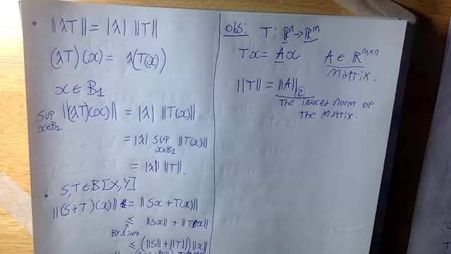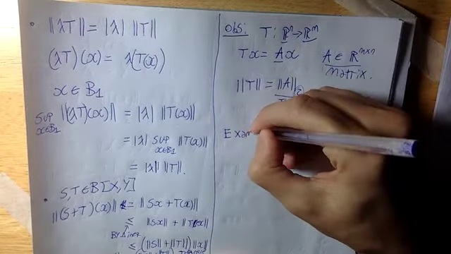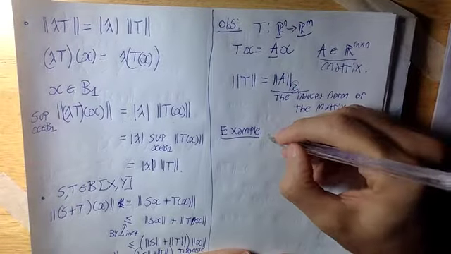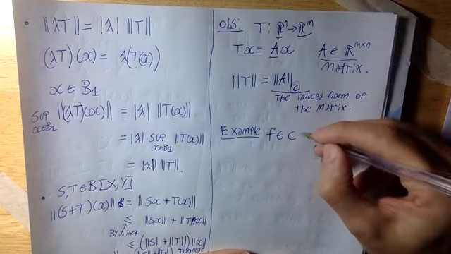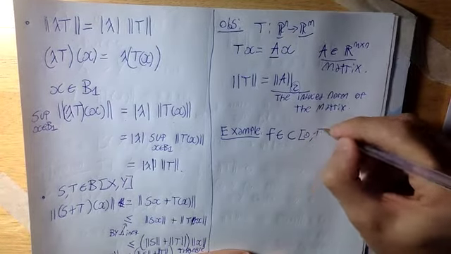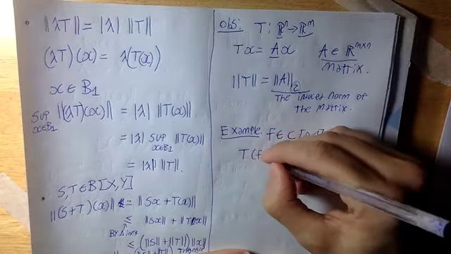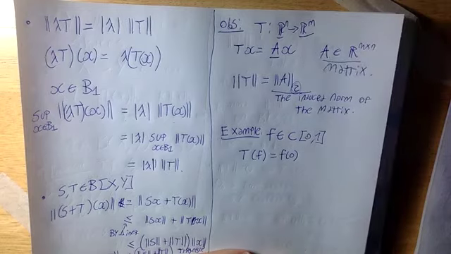Okay, so what other example have we usually checked? We take f in the Banach space given by the continuous functions on [0,1], and we take T of f equal to f of 0.